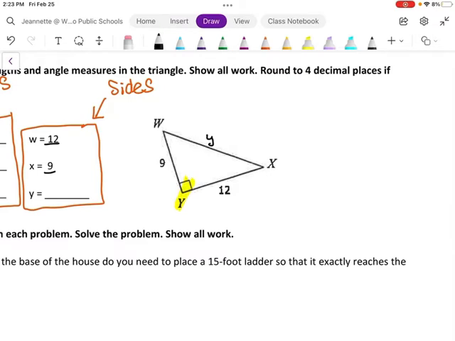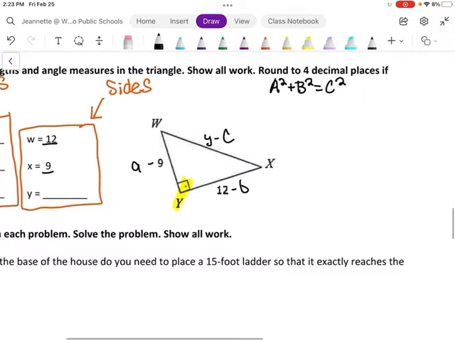And this is very similar to the first problem we did on this. We're looking for a third side of a right triangle. So we're just going to use Pythagorean theorem. So A and B can be on either side of the right angle. C is always across from the right angle. We'll have 9 squared plus 12 squared equals C squared.